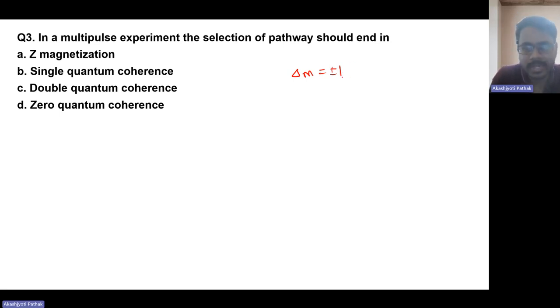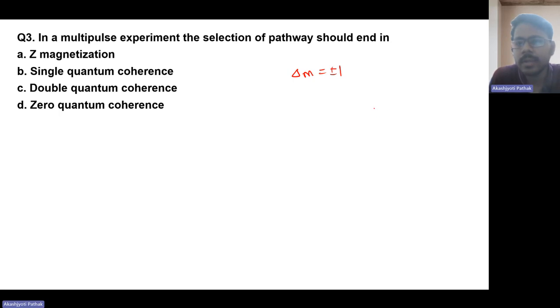Only in such cases will the transitions take place. So for moving from one state to another, only those transitions are possible where delta M is equal to plus or minus one. On the basis of this, there are different kinds of quantum coherences.